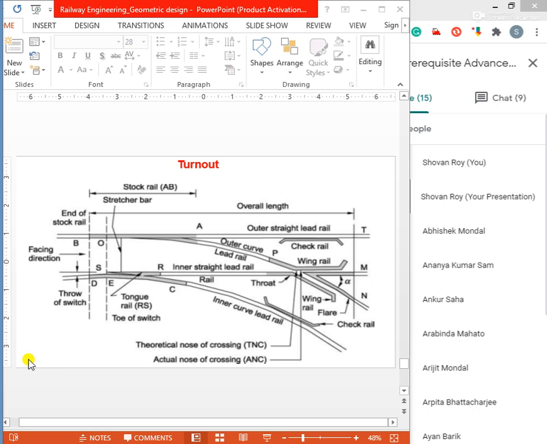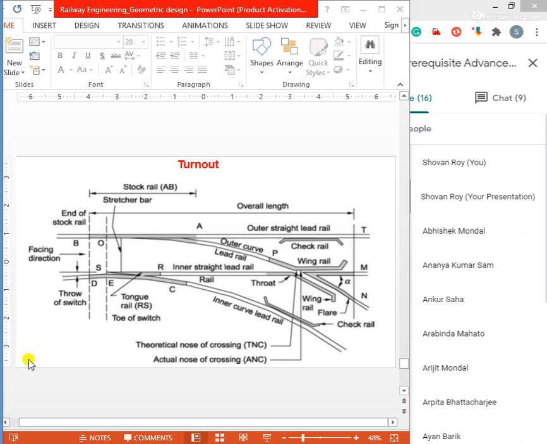Some important terms in points and crossings will come first. The turnout. What is a turnout? It is an arrangement of points and crossing with lead rails, by means of which the rolling stock may be diverted from one track to another.